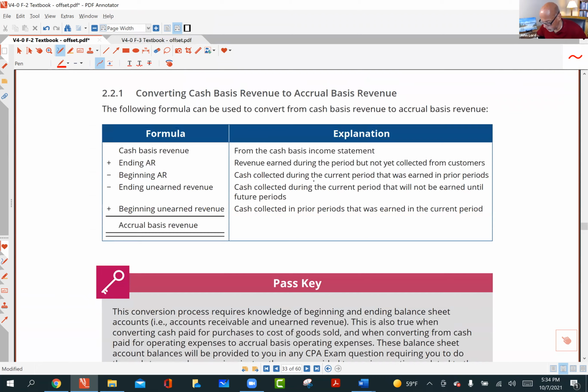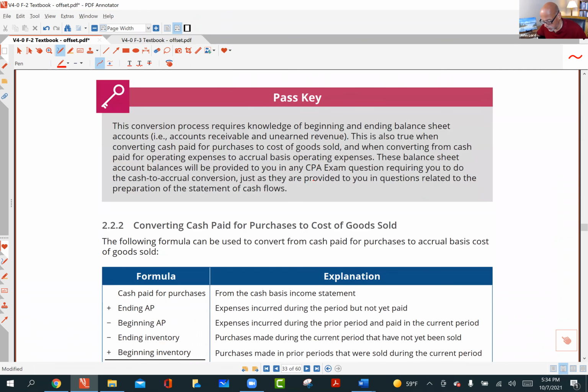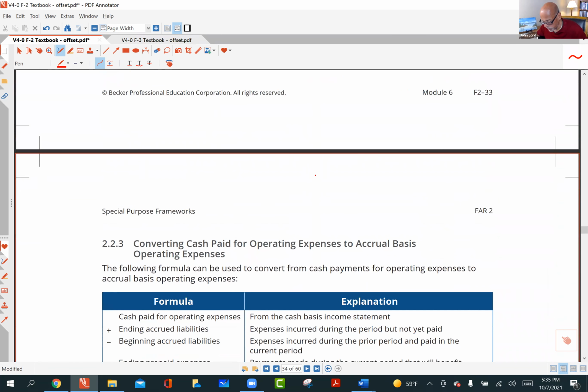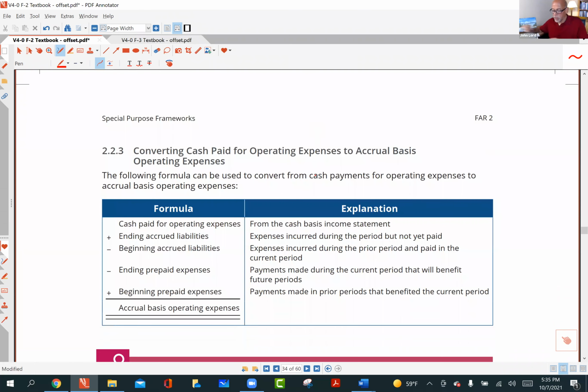Okay, so revenue, you use the same rules. Let's look at expenses first. Converting cash paid for operating expenses, and what I want you to write in there, because again, they give us a lot of information, but just right here: for assets, do the opposite.